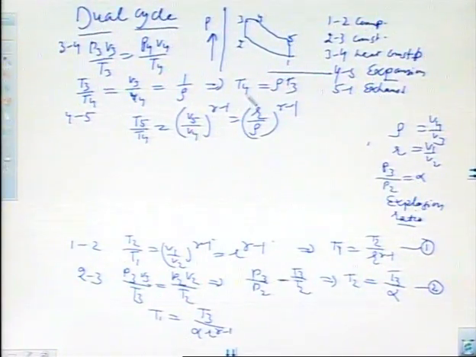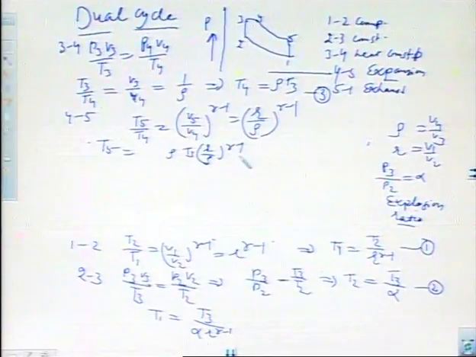Put the value of T4 here, and get the value T5 in terms of rho T3 R gamma minus 1. Now, put these values in the efficiency equation. You can derive what should be the value in terms of these. Thank you very much.